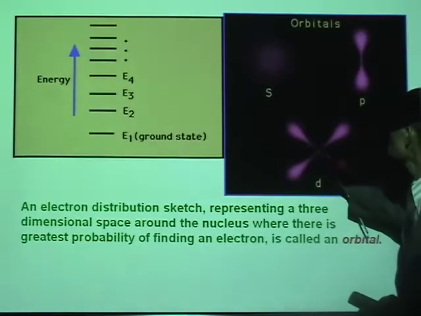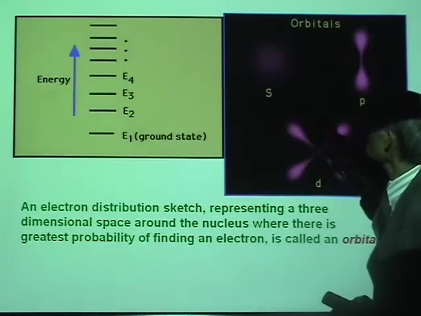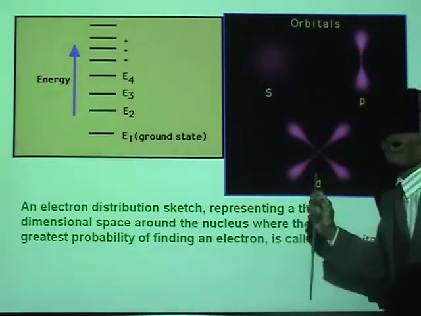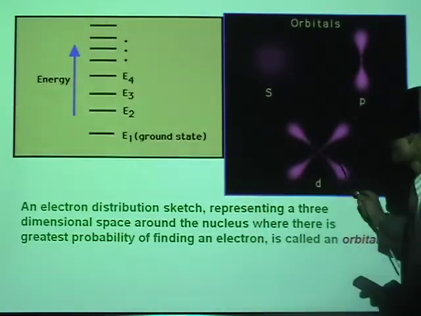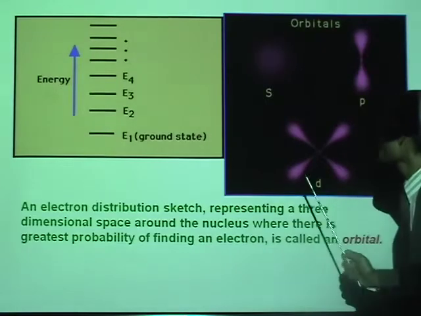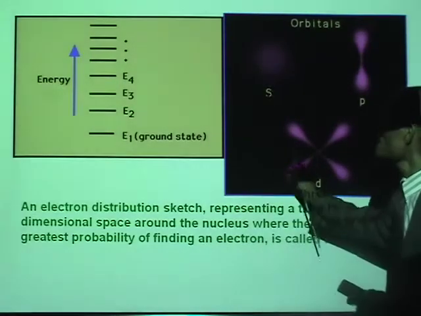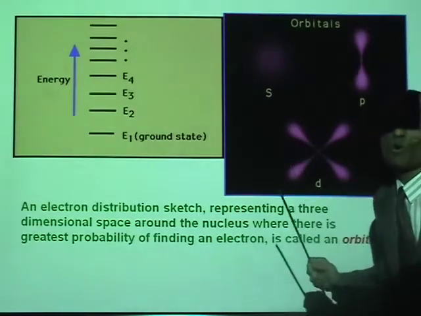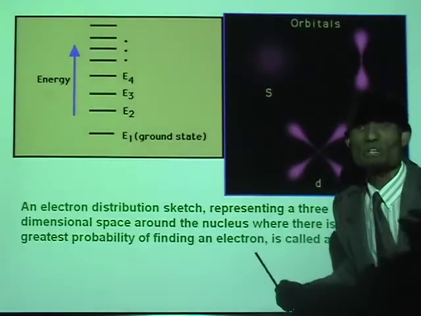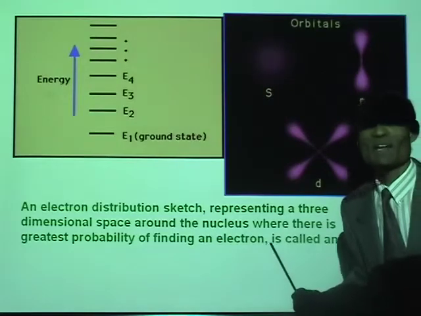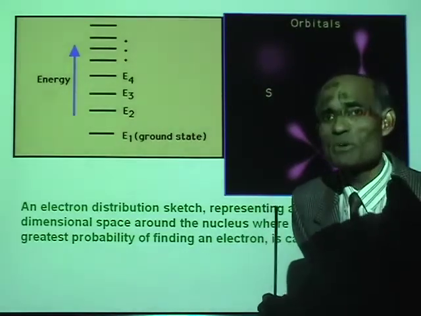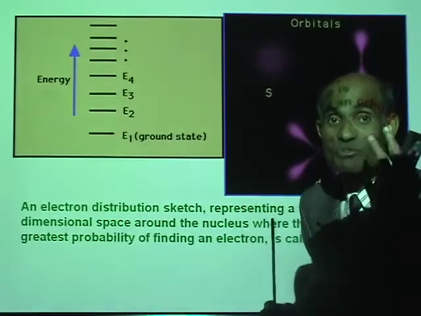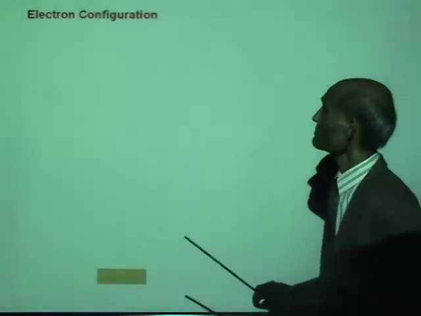So this is the orbital of the S shell, and this is an orbital of a P shell, and this is an orbital of a D shell. Remember, each of these subshells, S, P, D, and so on, can have different orbitals. And how many electrons can there be in an orbital? An orbital can have 2 electrons.